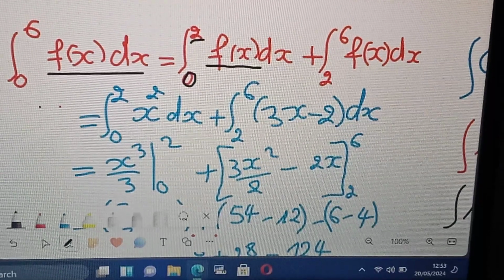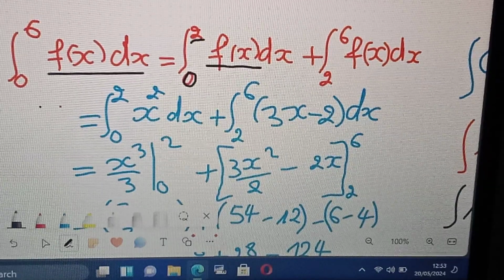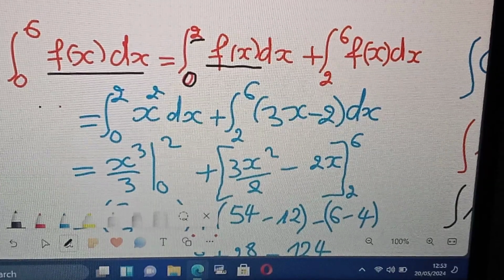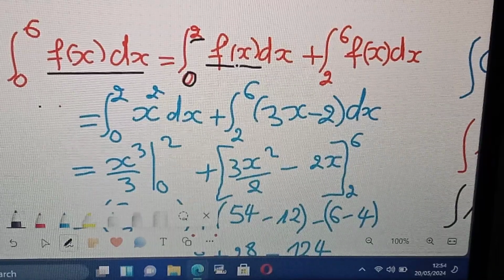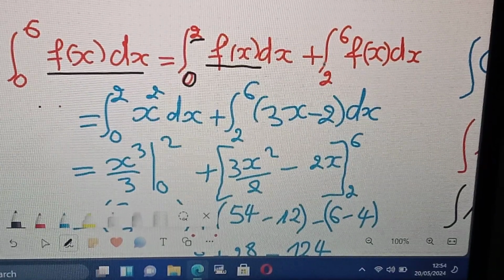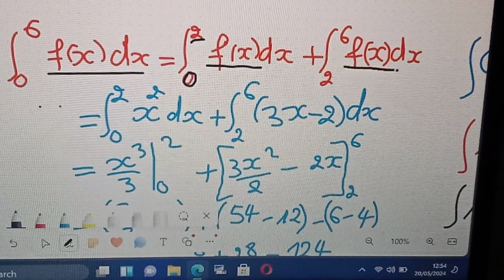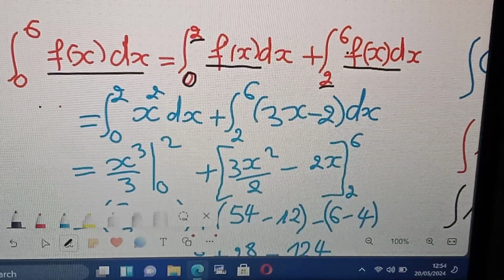The first function is x squared. Plus the integral of the second function from 2 up to 6.